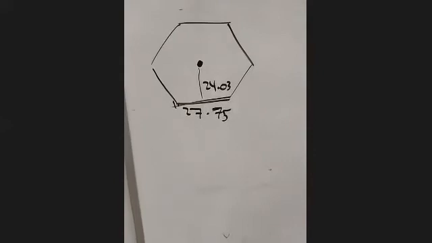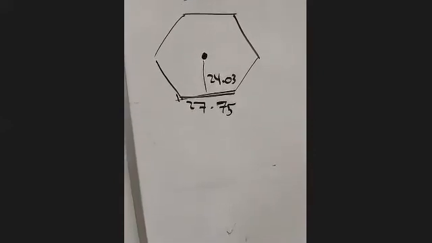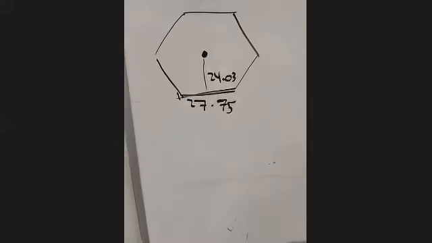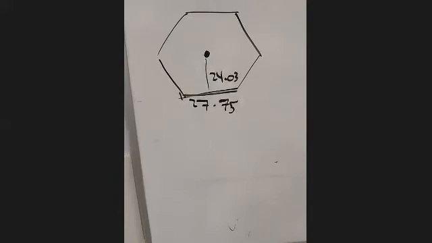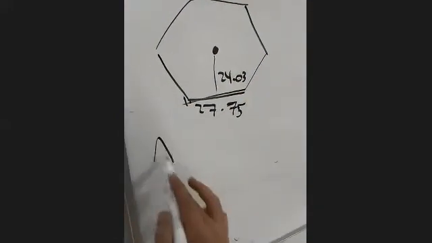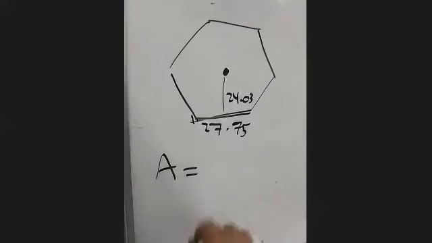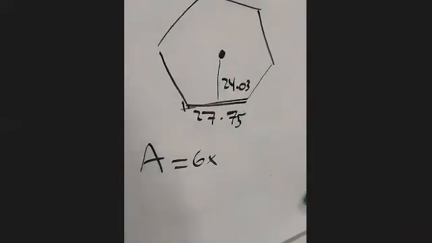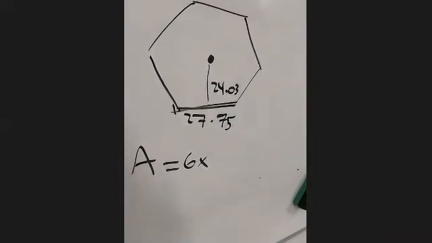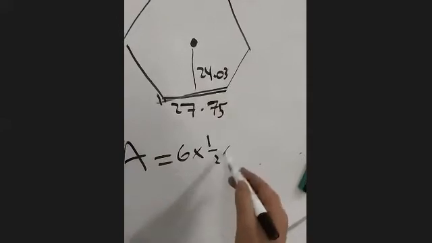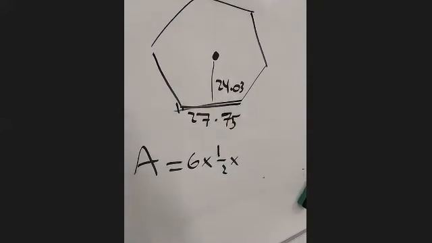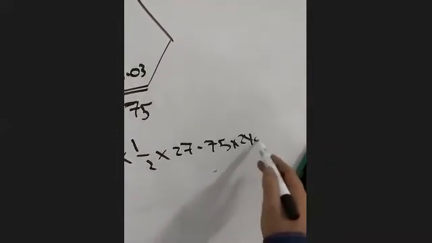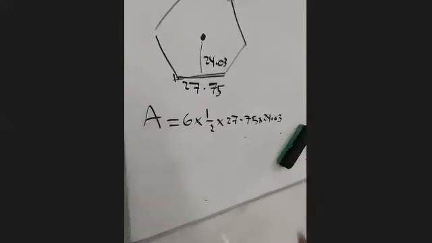When I try to solve it, I solve with the same correct things, and I even tried with the calculator. Okay, tell me, A equals what do we write first here? A equals 6 multiplied by half, multiplied by the base 27.75, multiplied by the height 24.03, right?